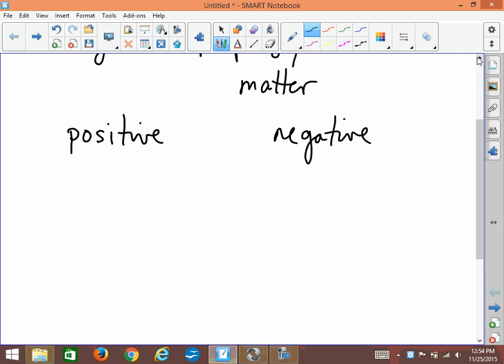What we have to understand is that with charge, there are two possible ways of having this characteristic, and they are opposites of each other. So any two words could have been used that are opposites, up and down, in and out, black and white. But positive and negative were the words that were chosen for various reasons, and so we're stuck with them.